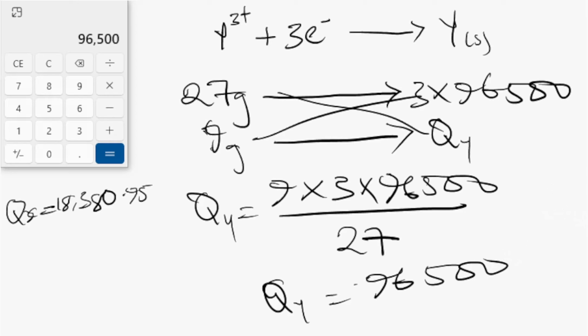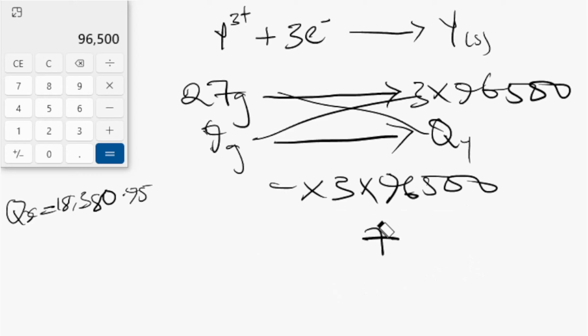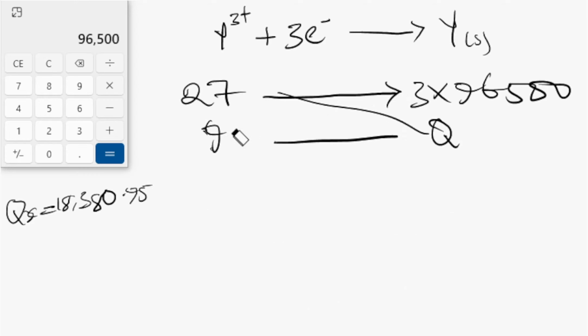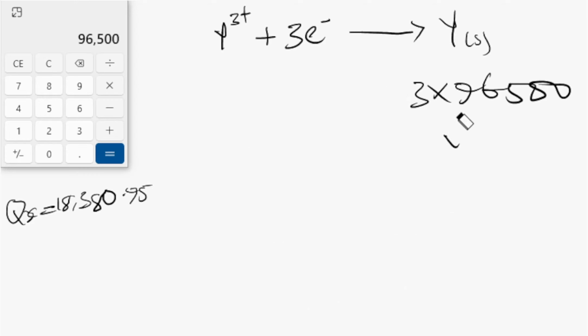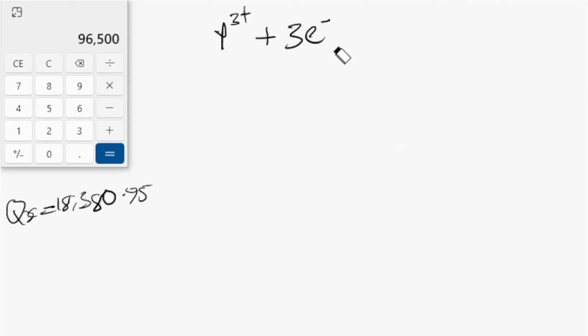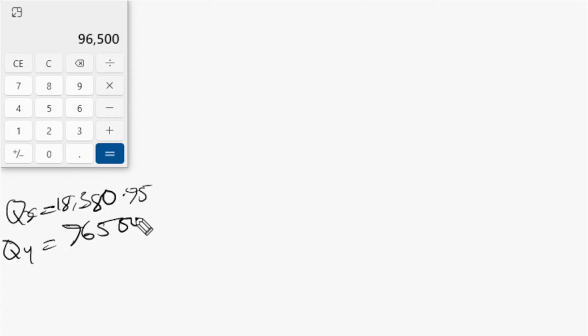So let's go ahead and wipe these off. So having Q for Y to be 96,500, we are going to establish the costs now.